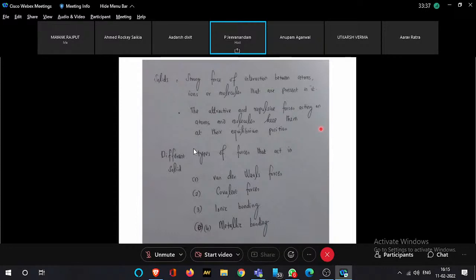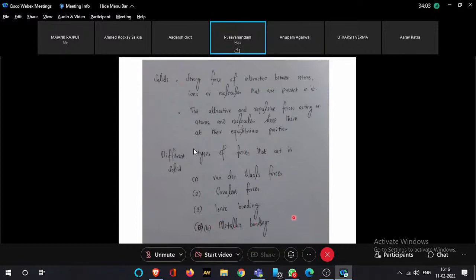Then only it becomes a solid. Primarily, there are at least 4 different types of forces found in solids. One is van der Waals forces. Another one is covalent bonding. And another one is ionic bonding and metallic bonding.